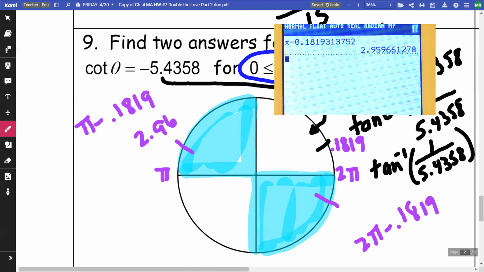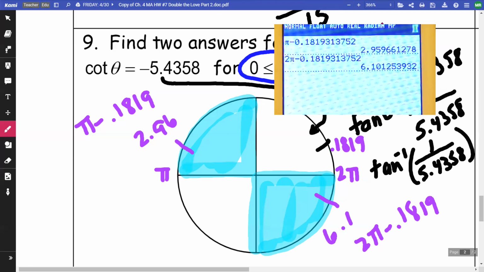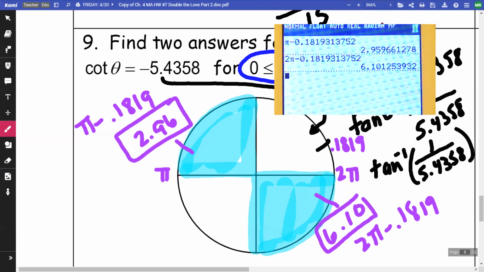No, they did not. Okay, so I'm going to do 2 pi minus that, and I end up with 6.10. So this is one angle in radians, and this is the other angle in radians.